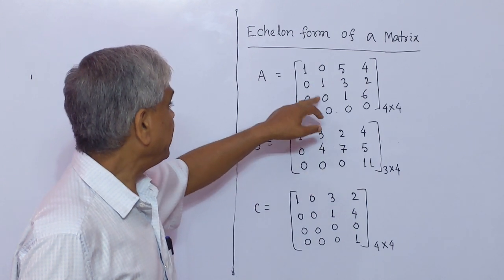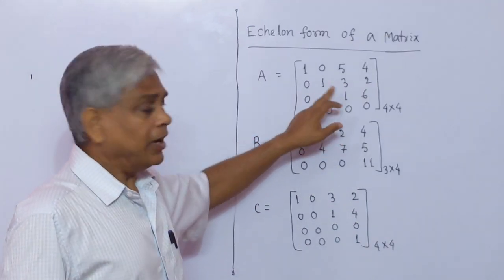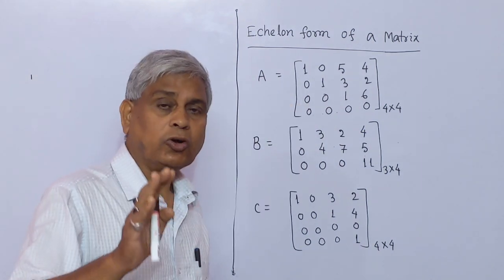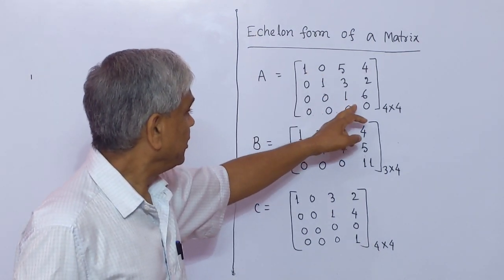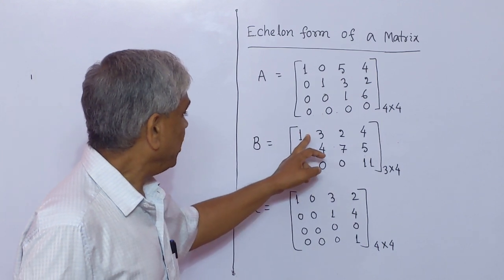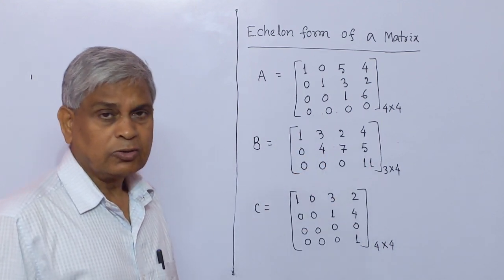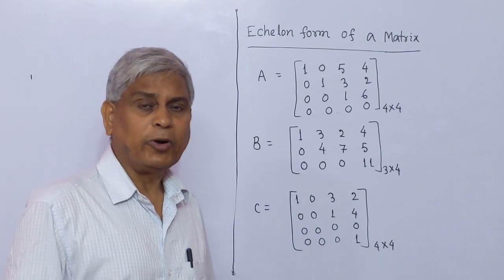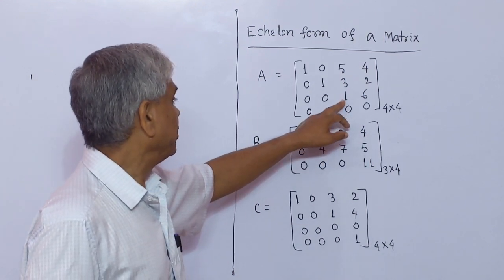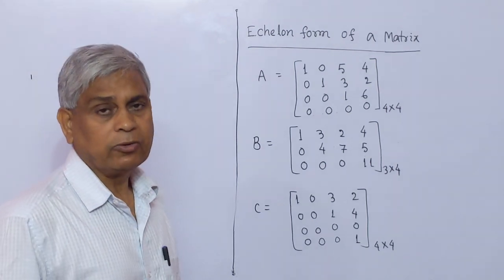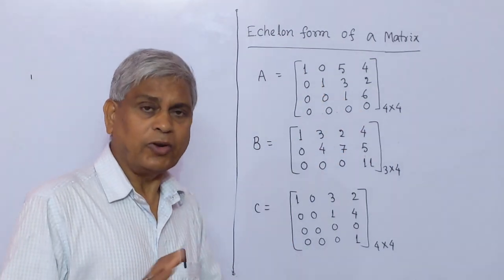Here we see that the non-zero entry after zeros of any row is 1, here 1, here 4, here 11, not 1. So generally in echelon form, the non-zero entry after zeros of any row is 1, but this is not mandatory.